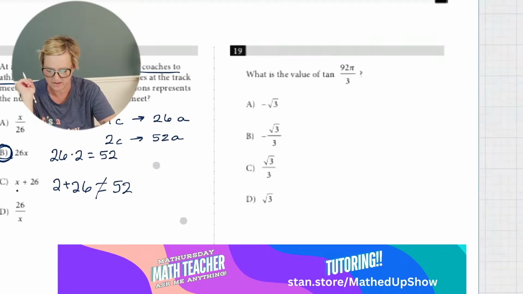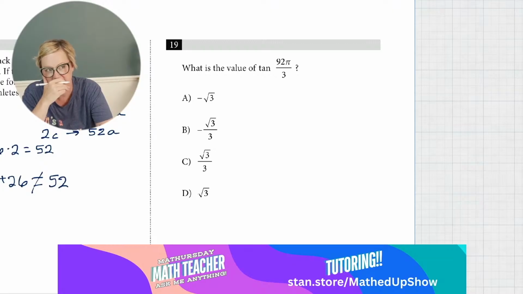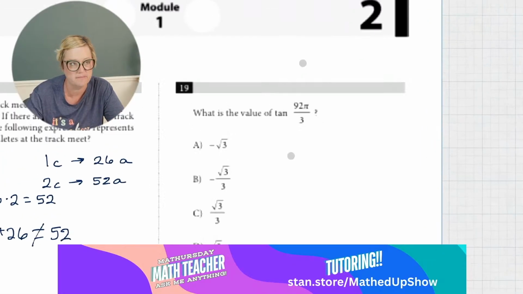All right, let's take a look at this one. Ooh, do we want to get into this? Sure, we can get into this. Okay, this is Algebra 2, this is really trigonometry.